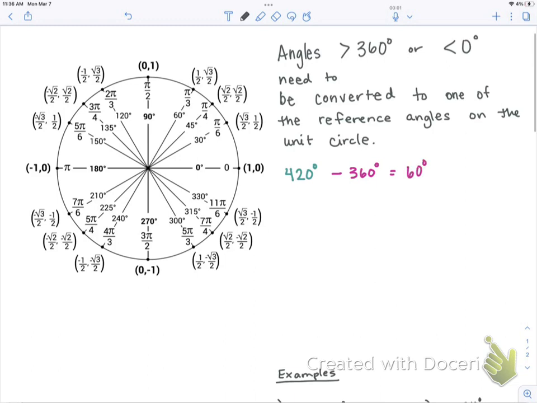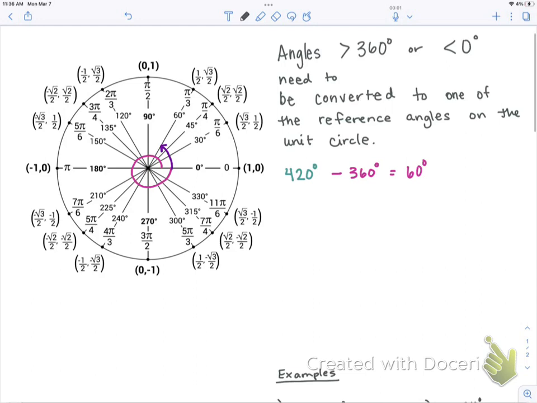So what happens is 420 degrees is a full rotation around the circle plus 60 degrees. So 420 degrees around the circle is equal to that 60 degrees.